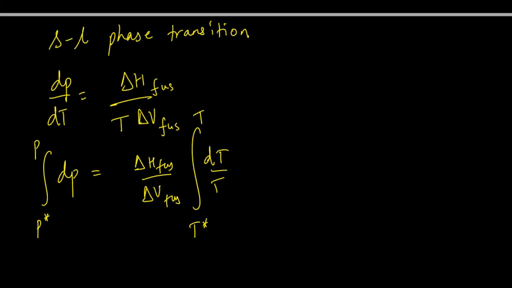Doesn't matter. So if I integrate this, I get P minus P star would be equal to delta H fusion by delta V fusion log of T by T star, right?